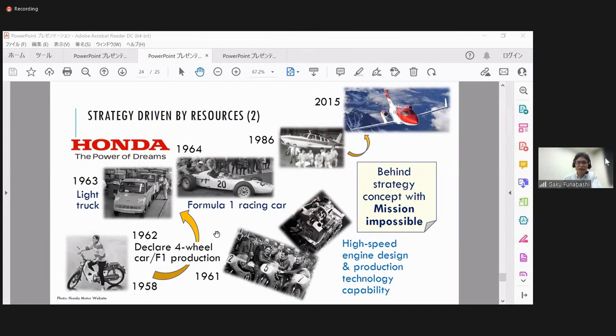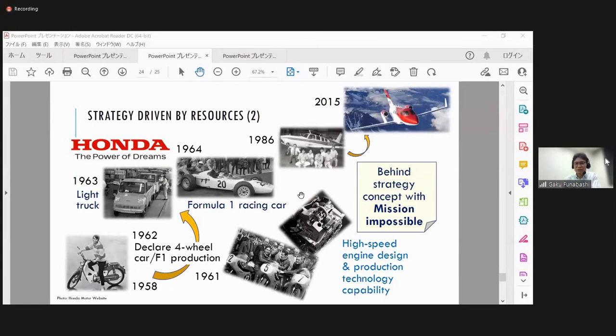But Honda and the founder of Honda, Mr. Honda, knew that they have the capability of producing really the good engine for the motorcycle. And he thought, if they can produce a good engine for the motorcycle, they can also produce a good engine for the car, four-wheel car. So this kind of good quality of engine, not used only for the ordinary car, but can be used for the Formula One racing car. That is why they can declare it both simultaneously.